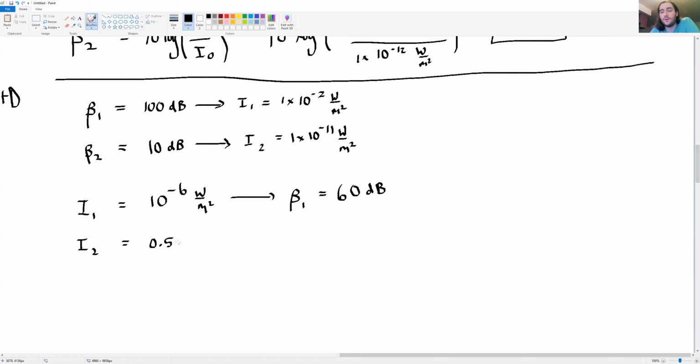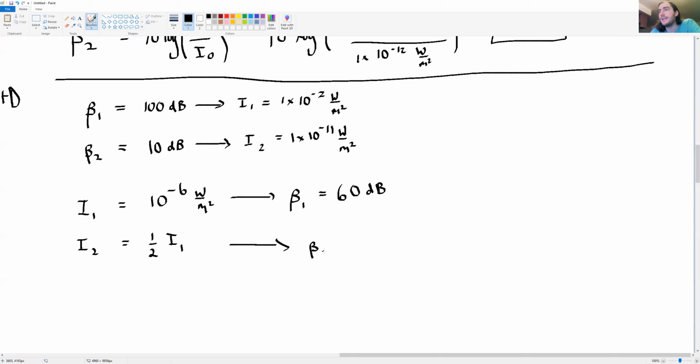let's leave it as a fraction here. Let's put 1/2 times 10 to the minus 6 watts per meter squared. Actually, let me just put I1 here. We'll do this analytically.